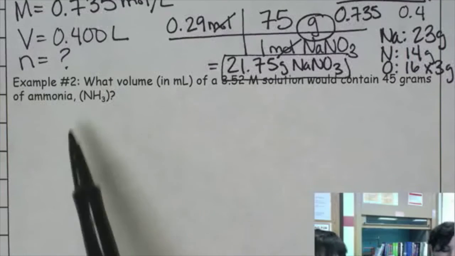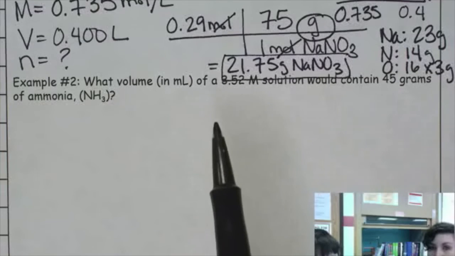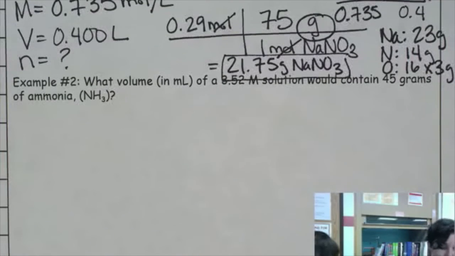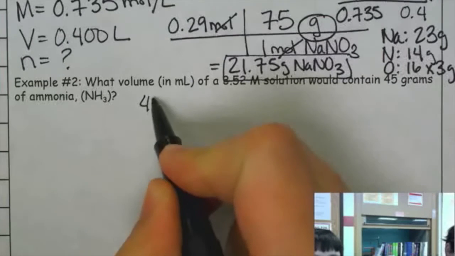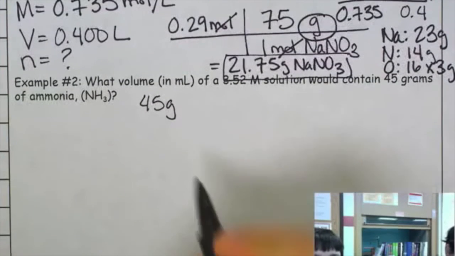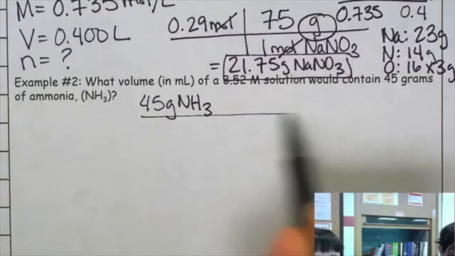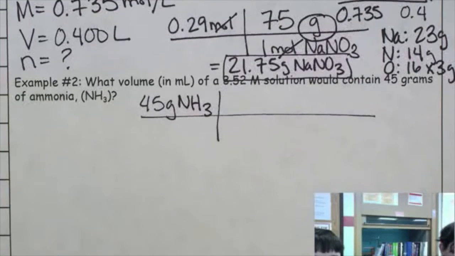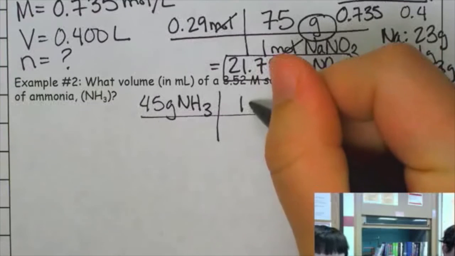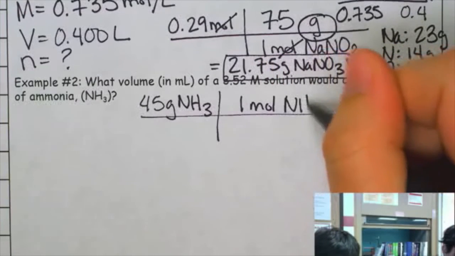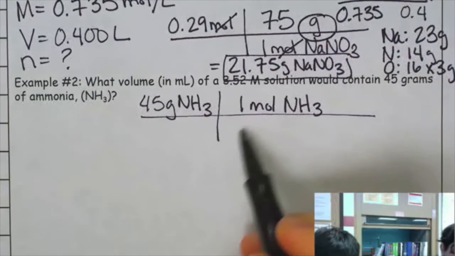So what are we going to have to do with those grams? We're going to do our train tracks and change them to moles. So 45 grams of ammonia, NH3, goes in our train tracks, and 1 mole of NH3 goes on top over the molar mass of ammonia.